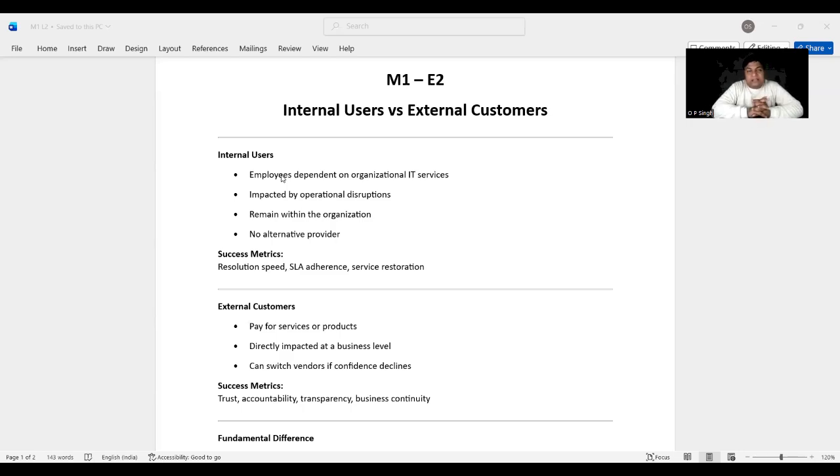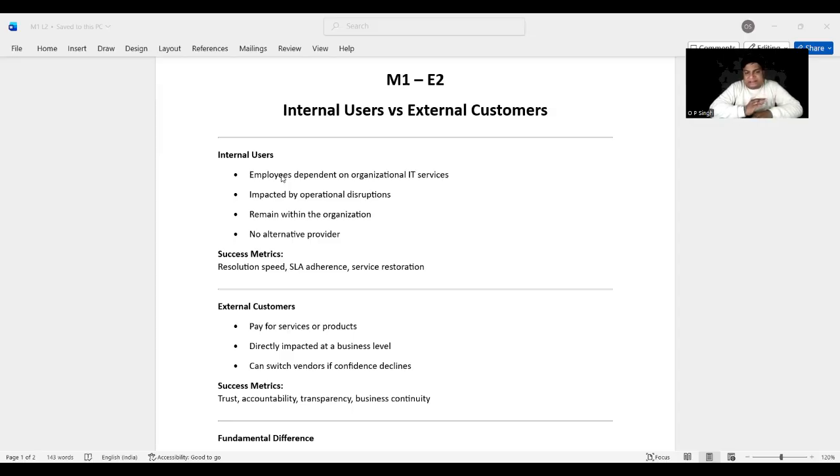If the payroll fails repeatedly, the customer has various options. They can escalate the contract, they can escalate to the higher management, they can demand penalties, or they can move to another vendor as well. So unlike employees, customers always have a choice.